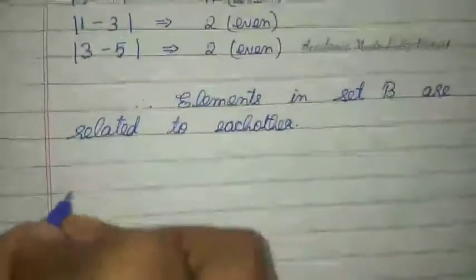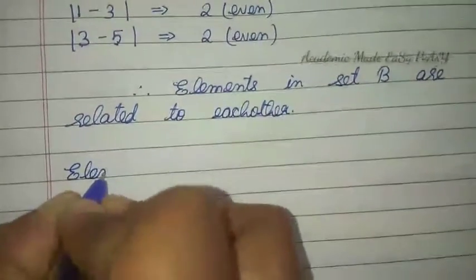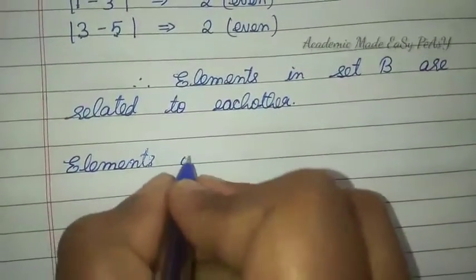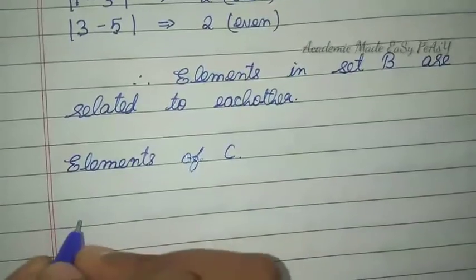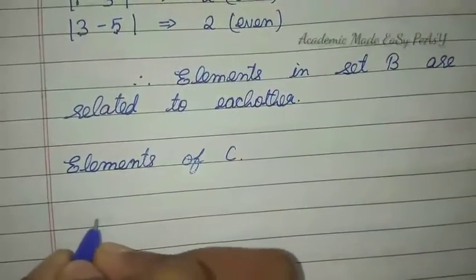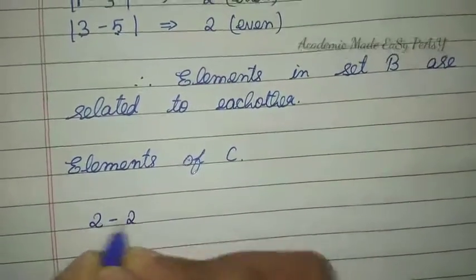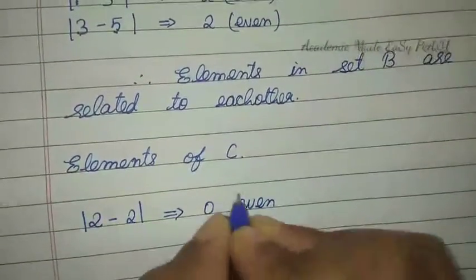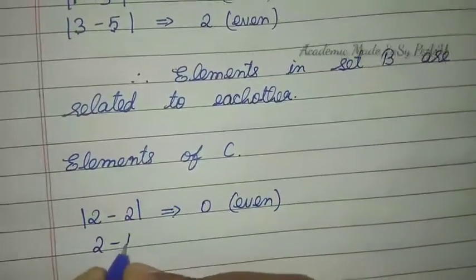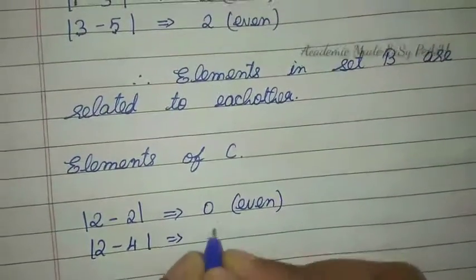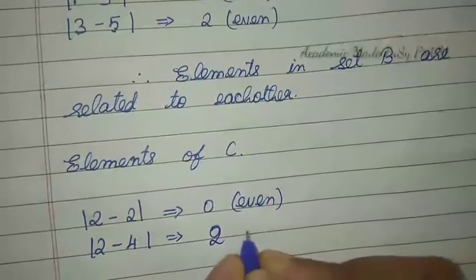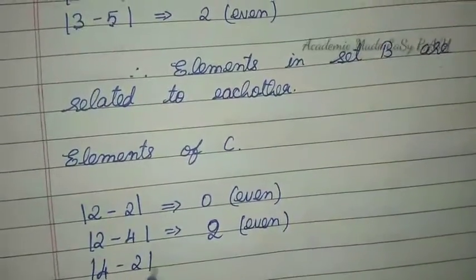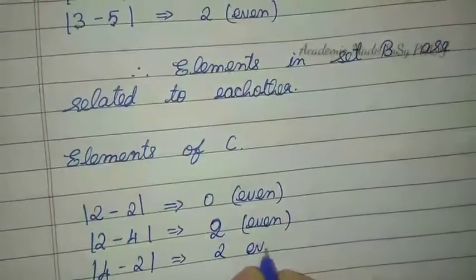Now I'll take elements from C. If I take for reflexive, 2 minus 2 will give me 0, even. 2 minus 4, 2, even. 4 minus 2, 2, even.